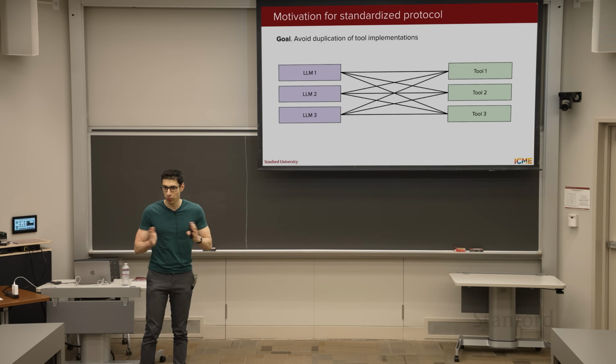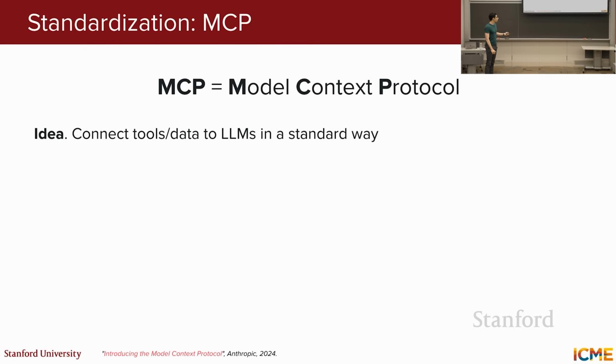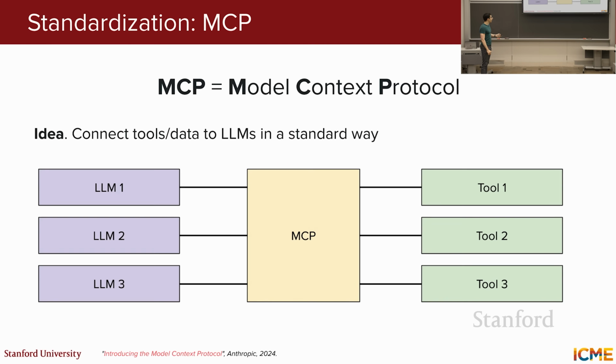And duplication is not what you want. This is why there is a standard called MCP that I know a lot of people talk about. It's something from the Anthropic team that standardizes the way tools are exposed to models. It's a protocol called the Model Context Protocol, and it defines a standard way of presenting these tools.